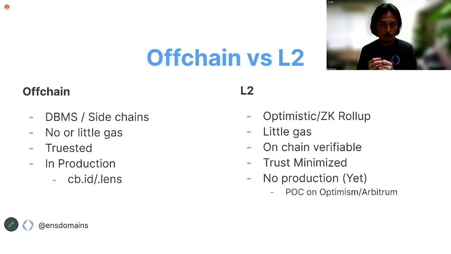There's a state root and a storage proof in the L2, and you can verify within L1 whether the L2 data is actually on the L2. By using this mechanism, we call it a trust minimized gateway.